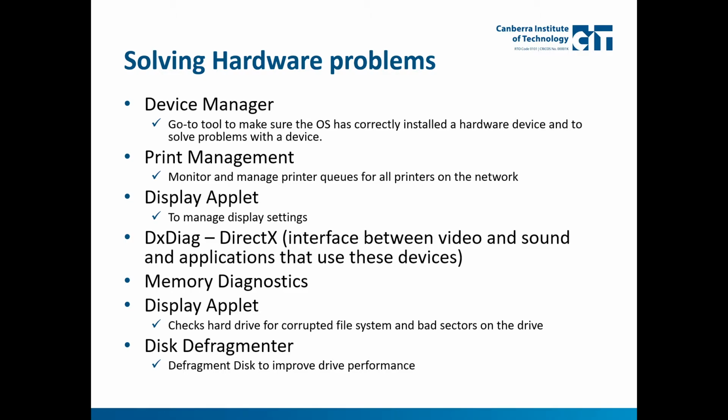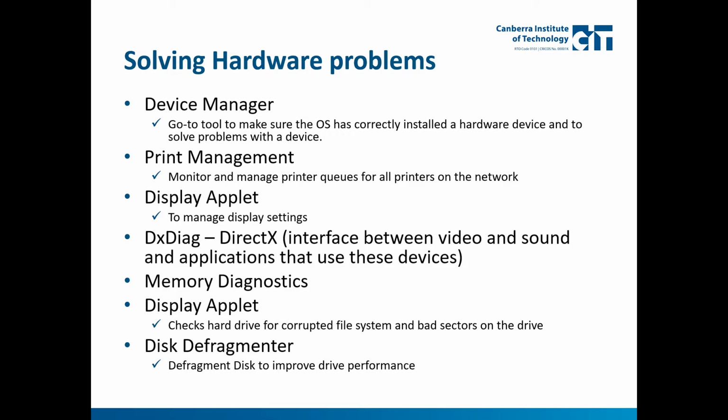Okay, now let's talk a little bit about some hardware problems and how we can actually troubleshoot them. What are the tools that we have available for us to verify what's going on in our hardware? All right. So we have our device manager, guys. Device manager is very useful when you have installed something in your system, something which is usually not plug and play, and your system is not recognizing that hardware.